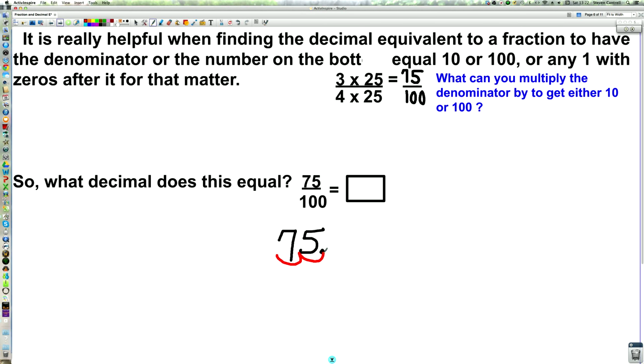I move the decimal over to the left 2 places, once for each 0, 1, 2. So now I end up with 0.75. Okay? So 0.75 is what's equal to 75 hundredths.